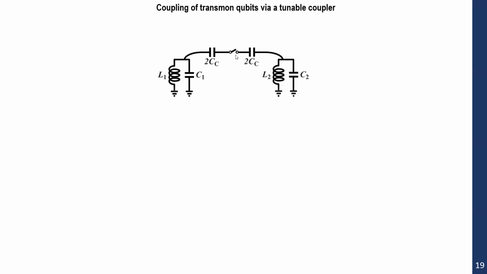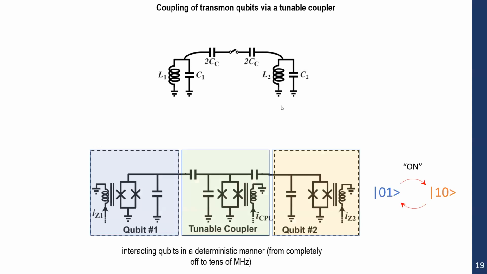If I turn the switch on, the resonators will be coupled, and if I turn it off, they will be uncoupled. In quantum circuitry, we can realize this switch using other Josephson junctions. Since they are nonlinear elements, we can control the way they couple other parts of the circuit.